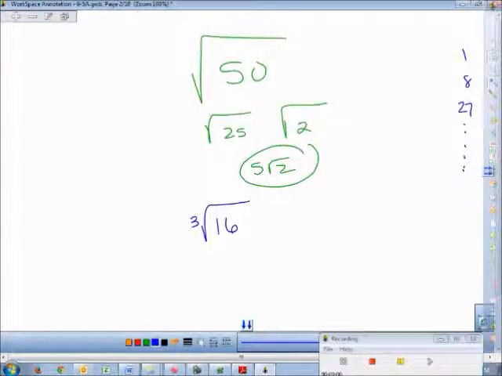What's the biggest perfect cube that goes into 16 evenly? So we split it up into 2 radicals, and the trickiest part about this is you may understand it, but you sometimes put the wrong index up here. It's like, oh, you put square root symbols. You need to put cube root symbols, right? You got to put that correct index. Does an 8 go in there? How many times does it go in there?